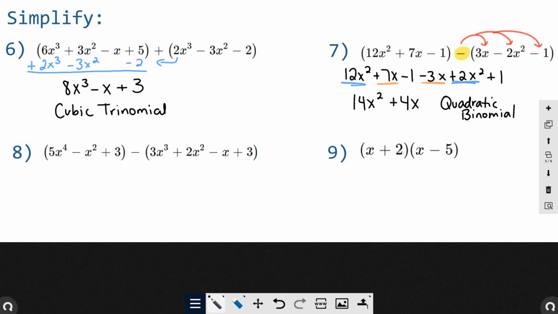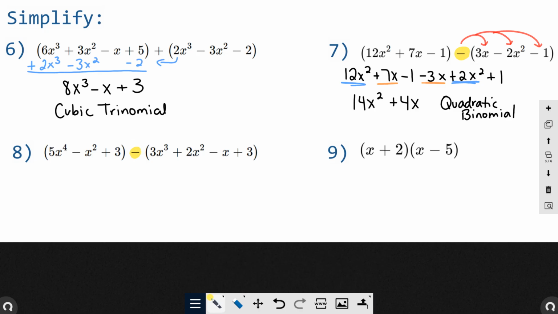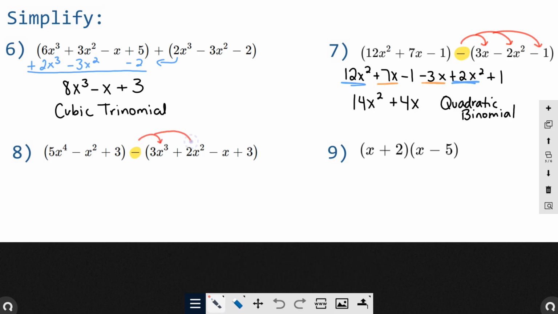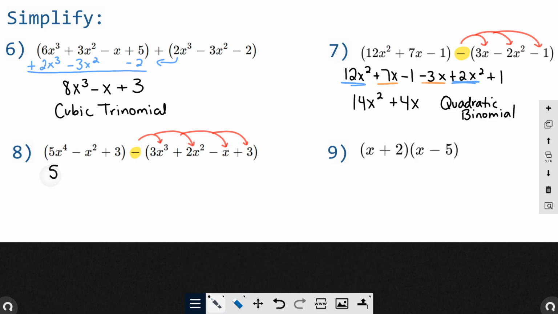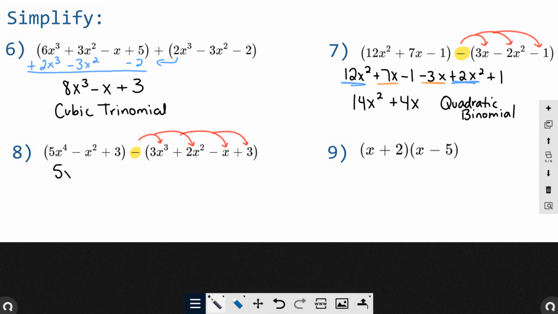So what's between the parentheses? A negative. So we only distribute what's right there in front of that parenthesis. So let's distribute that negative through. So I have 5x to the 4th, minus x squared plus 3, and that negative is going to change the signs of everything.